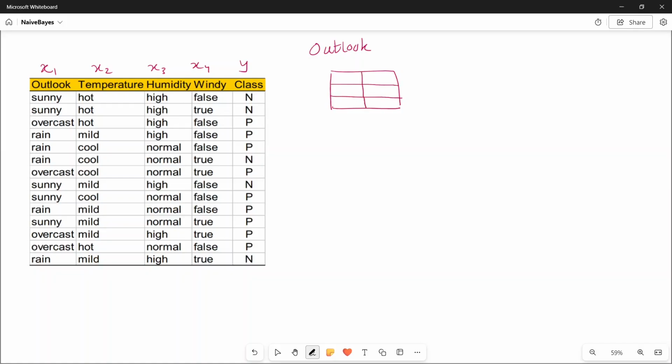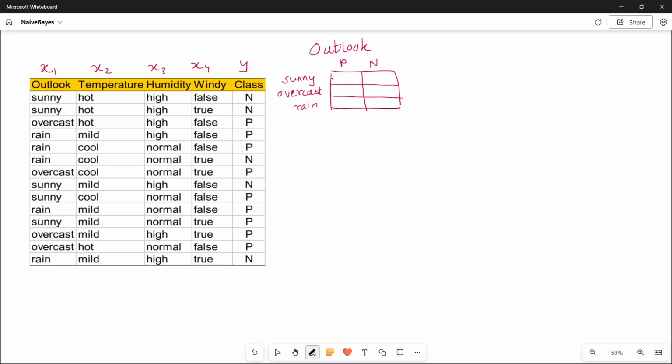Rows depend on how many values that particular attribute has. In this case, by observation I can see that there are 3 possible values: either sunny, or overcast, or rain. In terms of columns, I have only 2 outcomes, either positive, that is plays tennis, or negative, does not play tennis.